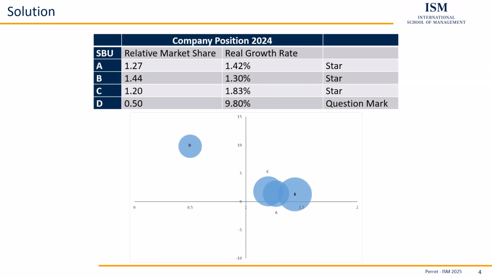So here I have the data from before, the matrix. That's the 3 stars. That's my question mark. And I see here the size of the bubbles is related to the volume of the respective business unit. Well, this helps me also make decisions, because even here, small business units which perform as poor dogs might not be as critical as a big business unit which lies down here.